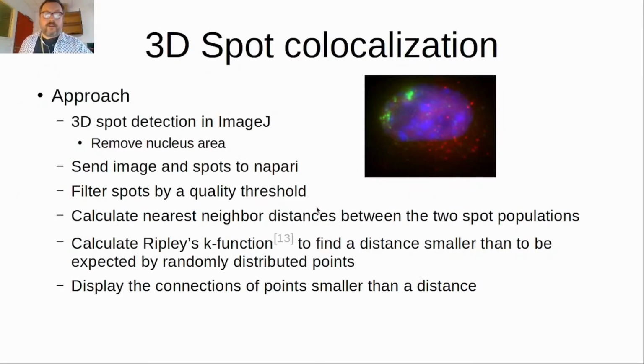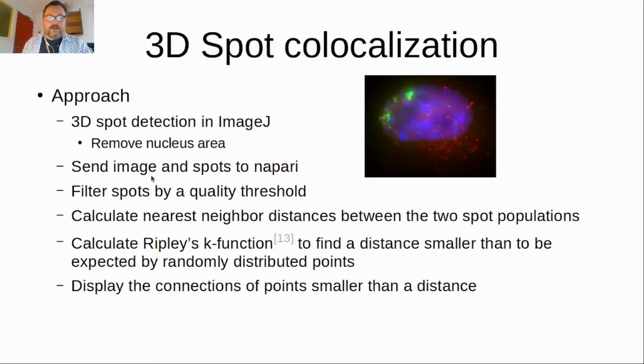Okay, the second example, we want to measure the distances between the red and green spots, but only in the area where there's not the nucleus and the cytoplasm, but outside of the nuclei area. So we first mask this nucleus area.